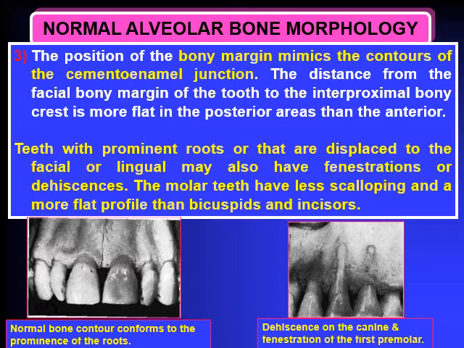When this window extends to the marginal bone, labially, as you see, or facially, this is called dehiscence, as you see in the first premolar. This is the second premolar with a fenestration, while in the first premolar there is a dehiscence where the fenestration extends to the marginal bone.